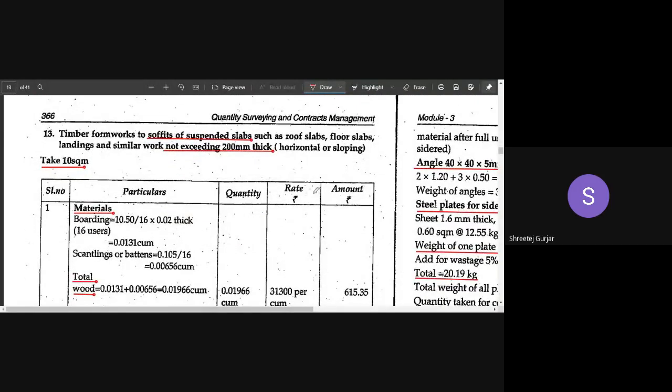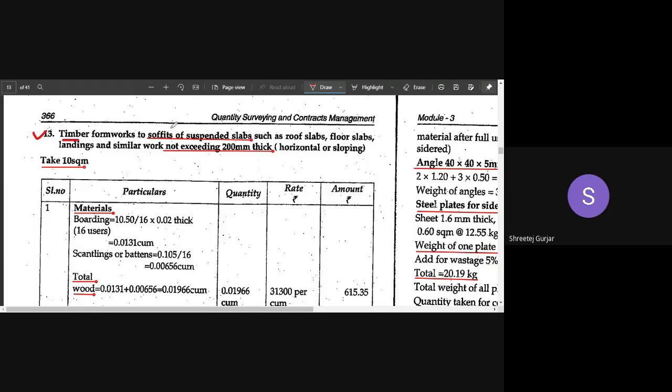Now let us look into calculation, how we exactly apply these values in numericals. In this numerical, timber formwork is used for the soffit of a suspended slab. For the soffit, the bottom part of the slab, we have to calculate.